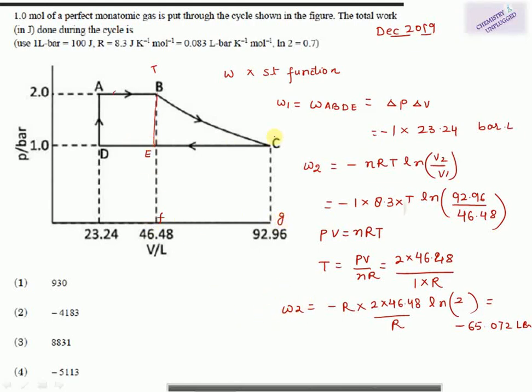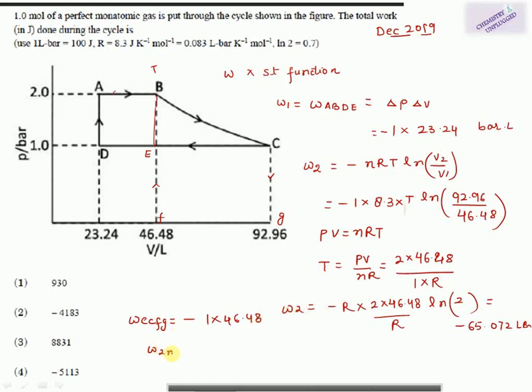So first we will calculate this area WECFG. It is again a rectangle, so we will take the area as 1 into minus P, where P is 1 and V is the difference of 92.96 and 46.48. So it will come out 46.48.